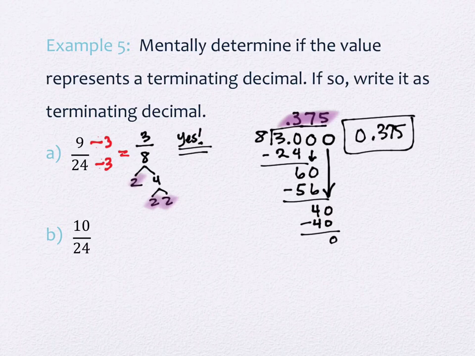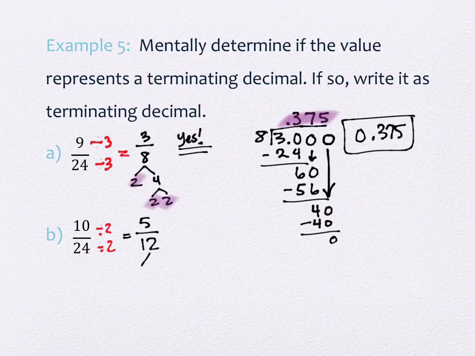How about B? Is it in reduced form? Nope. What can we divide by? Divide by 2. I get a 5 on top. And what do I get on bottom? Yep. Okay, is 5 over 12 in reduced form? Yes. So now what do I do? You factor the 12.